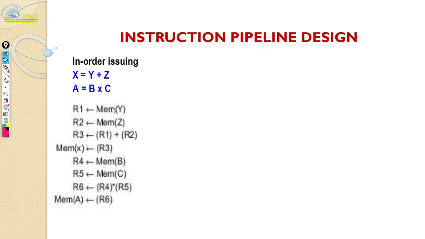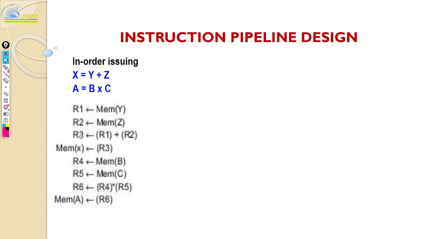You are first going to load from your memory location y, bring it in and load it into the r1 register. Then you bring in z from memory into r2. And then you do the addition: r3 equals r1 plus r2, the content of r1 plus the content of r2 goes into r3.